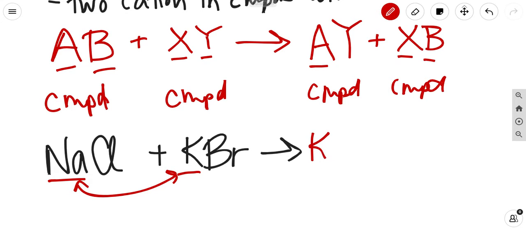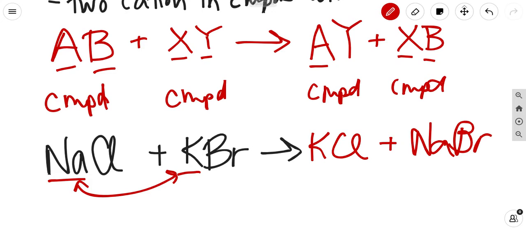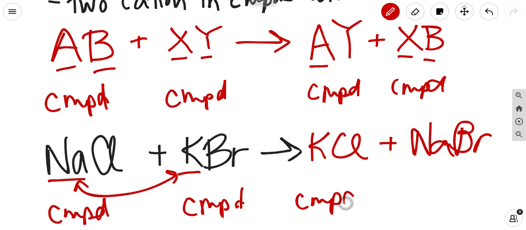So K is now going to be with Cl, and Na is now going to be with Br. I didn't write any subscripts because everything I'm choosing had a charge of 1, either 1 plus or 1 minus. So I don't have to do any crisscrossing. I can just cancel out with these. So in analyzing this, NaCl is a compound. KBr is a compound. We got compound, and we got compound.